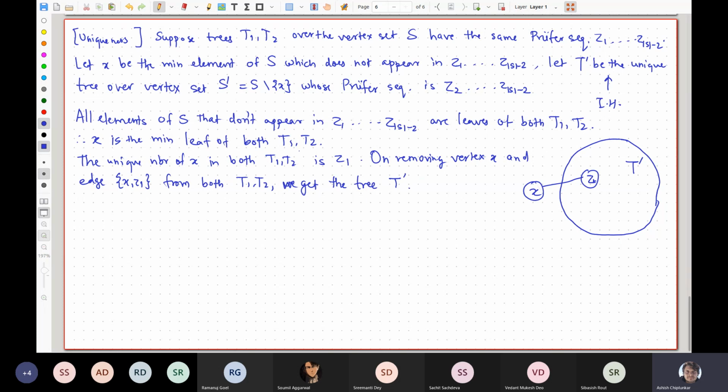Why? Because on removing the vertex X and edge XZ1, in both cases we get some tree whose Prufer sequence is Z2 through Z size S minus 2. But then there exists a unique such tree. So in both cases, you must get that same tree T prime. Therefore, T1 is equal to T2.